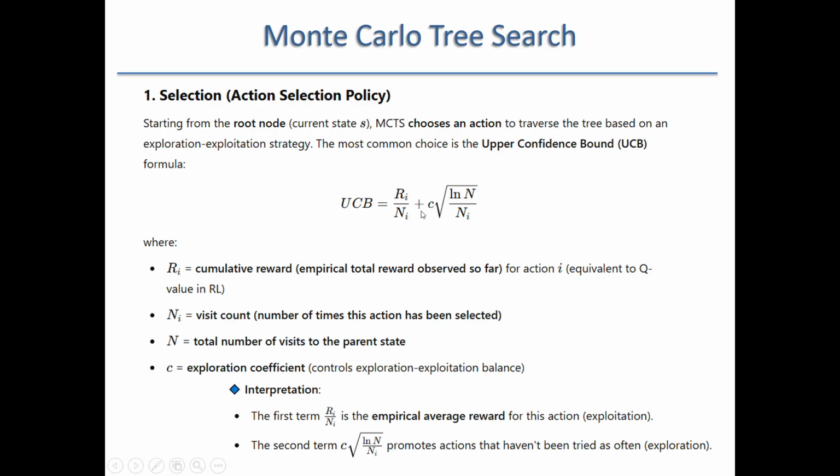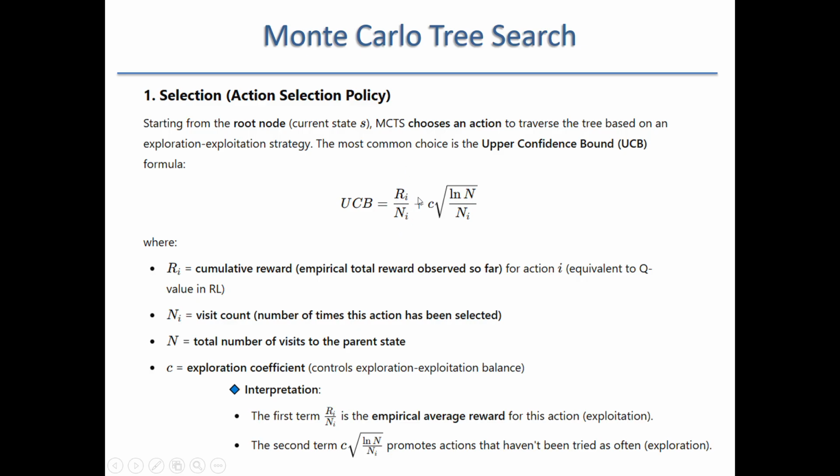This term is an empirical average of the reward of taking this action, and this term promotes the actions that haven't been tried so far, or so often at least. So this one is the exploration.